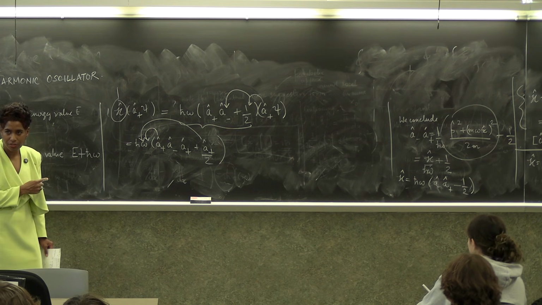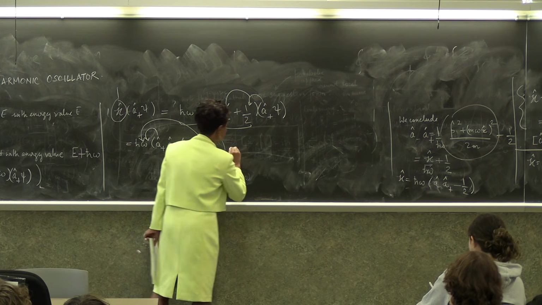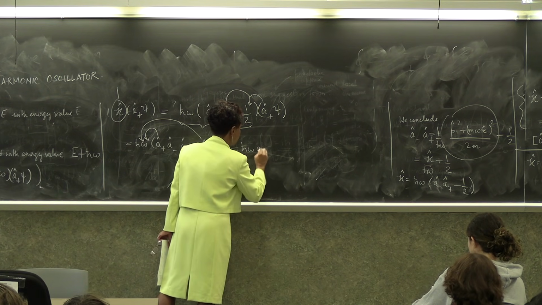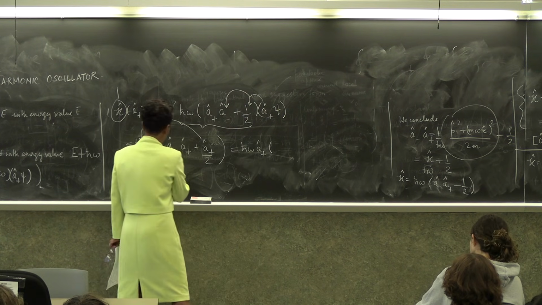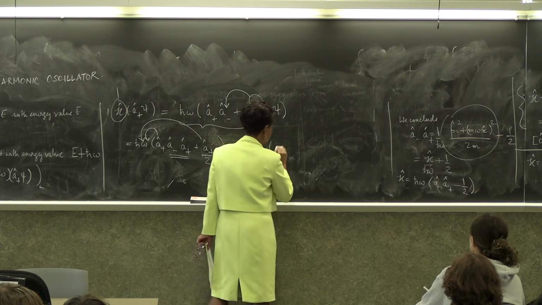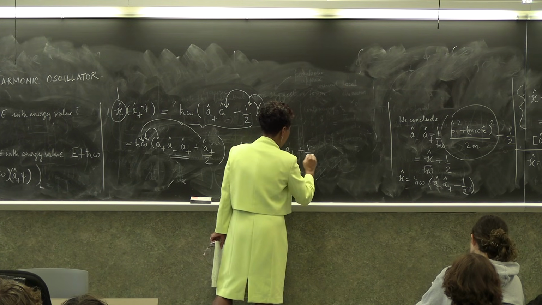That's a legit operation. Are you with me? I'm not changing the order of multiplication. So this is H bar omega times, now we pulled out the A plus to the left, times what's left over here is this, A minus A plus, plus once again half.